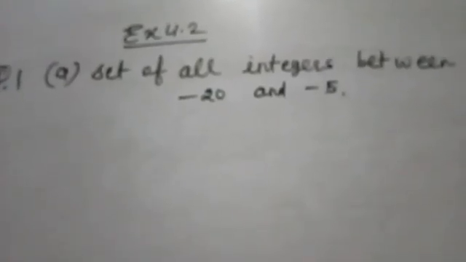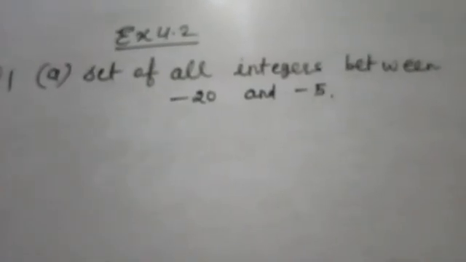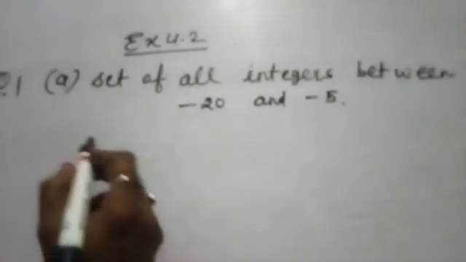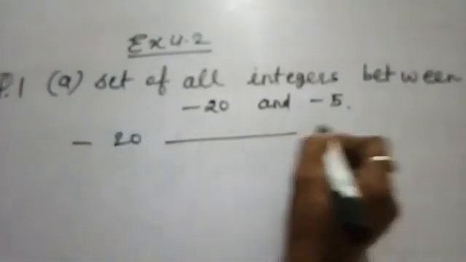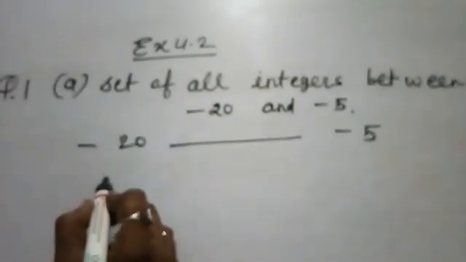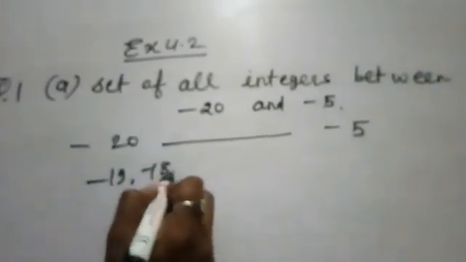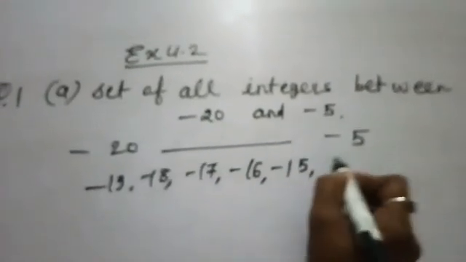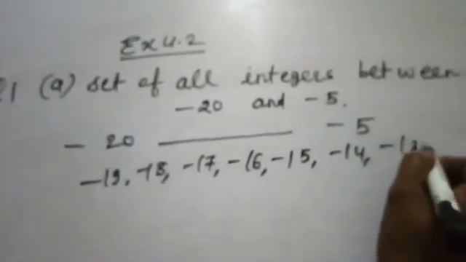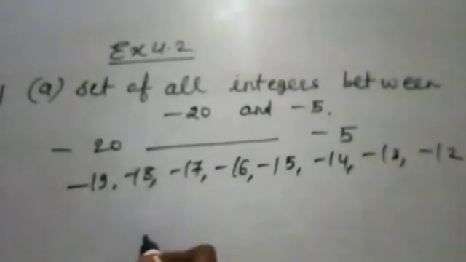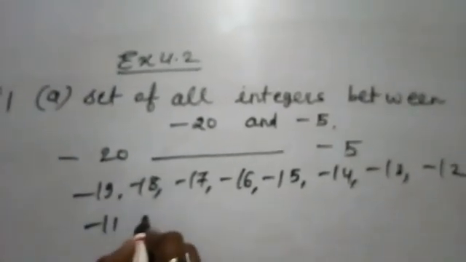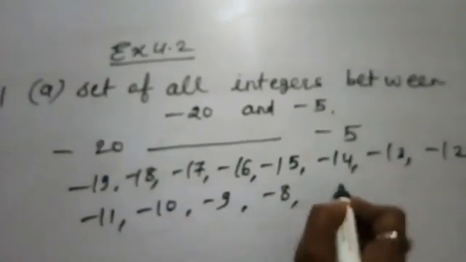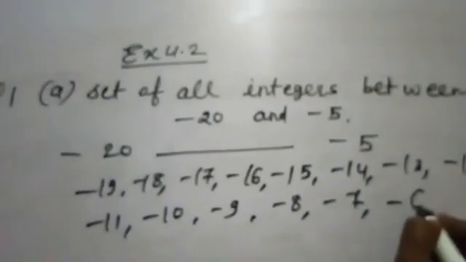So let's see which integers are there between -20 and -5. Going through, we have -19, -18, -17, -16, -15, -14, -13, -12, -11, -10, -9, -8, -7, -6.